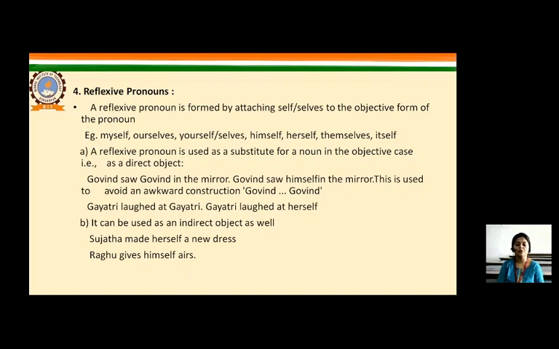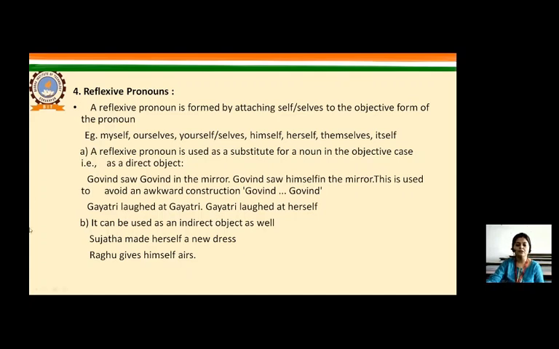Then again, it can also be used as an indirect object. The above category that we talked about was how you are using a reflexive pronoun as a direct object, right? But here you can also make use of a reflexive pronoun as an indirect object. Now, how can you use a reflexive pronoun as an indirect object? Like Sujata made herself a new dress.